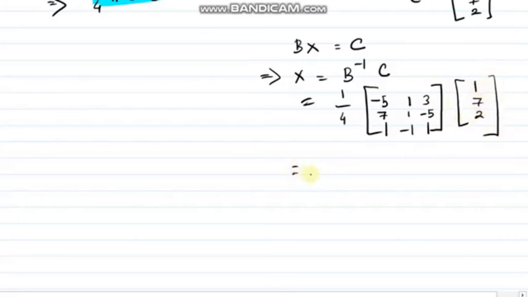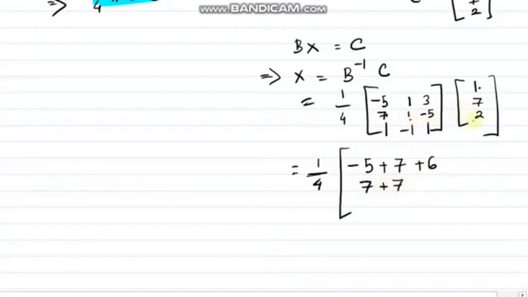Matrix multiplication again. Don't put that 4 inside right now. So -5 plus 7 plus 6 for the first one. Second one, just check, 7 into 1, 7. 1 into 7, again 7. -5 into 2, -10.